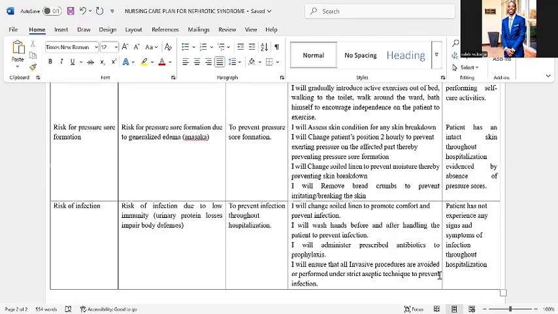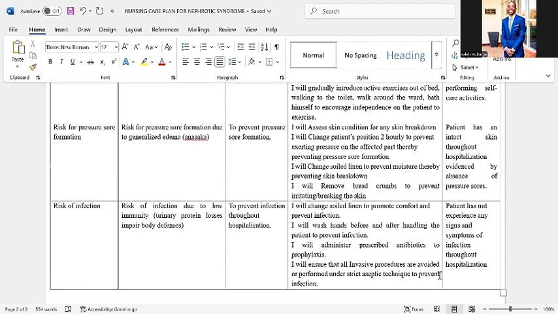Number three, I will change soiled linen to prevent moisture, thereby preventing skin breakdown. And lastly, I will remove breadcrumbs or any debris on the bed of the patient to prevent irritating and breaking down the skin. Evaluation. Patient has an intact skin throughout hospitalization, evidenced by absence of pressure sores.